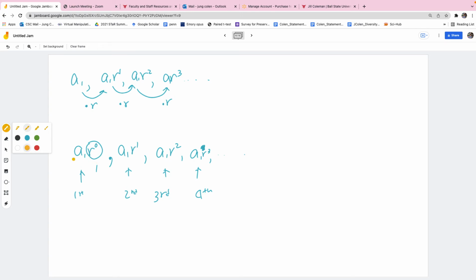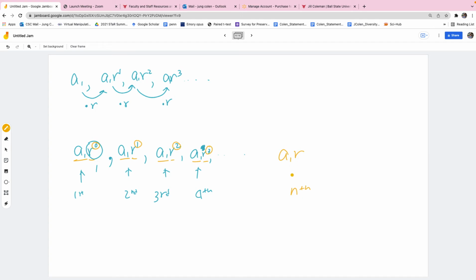So we can examine what is fixed. A sub 1 is fixed. So the nth term will be a sub 1 times R to the what? That is changing, so compare that with the number of terms. For the first term you have the 0th power, second term the 1st power, third term the second power, fourth term the third power. So it is always 1 less than the number of terms.